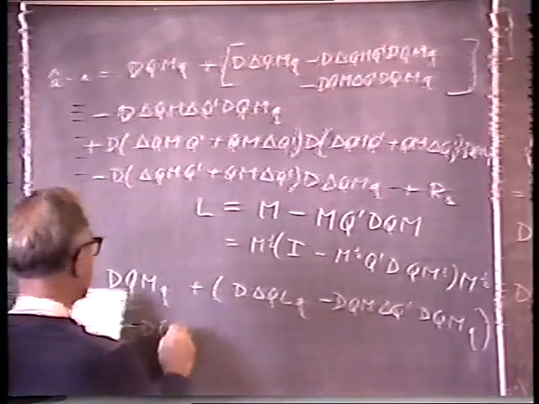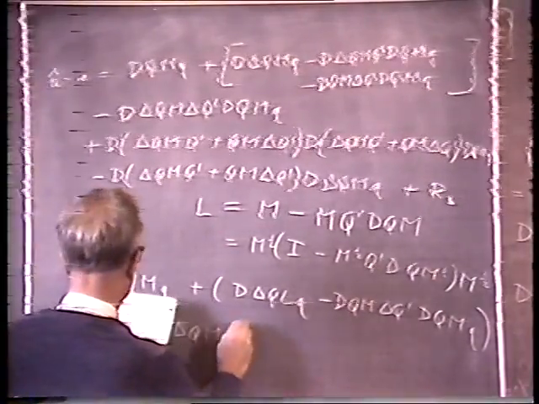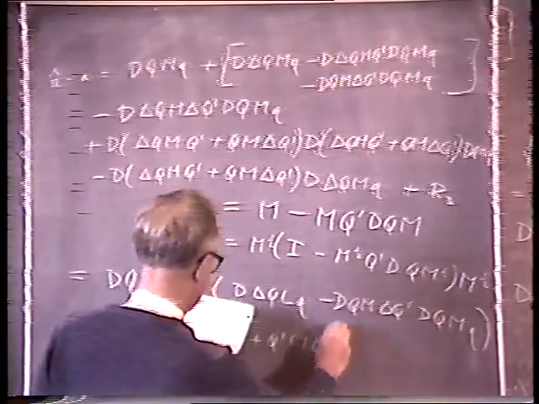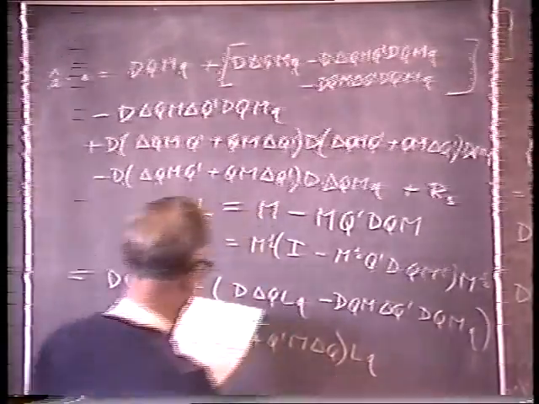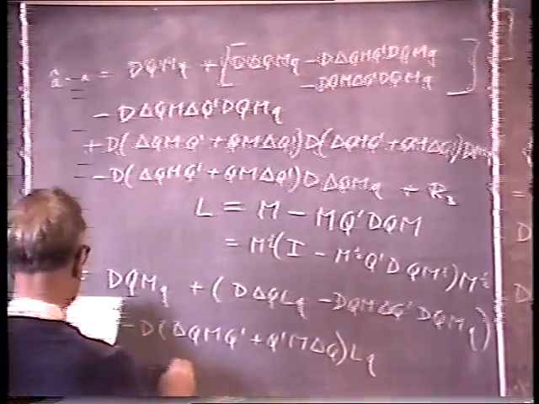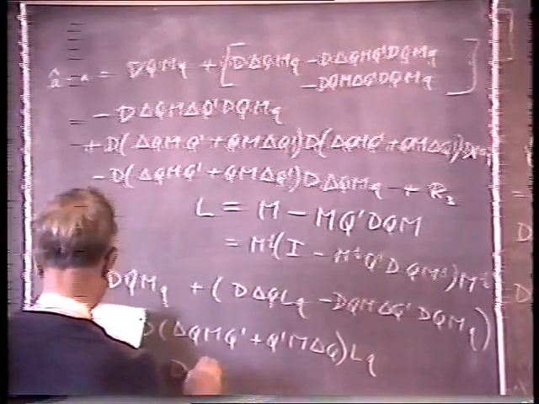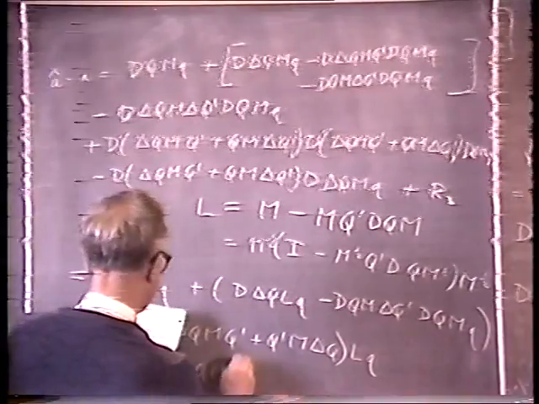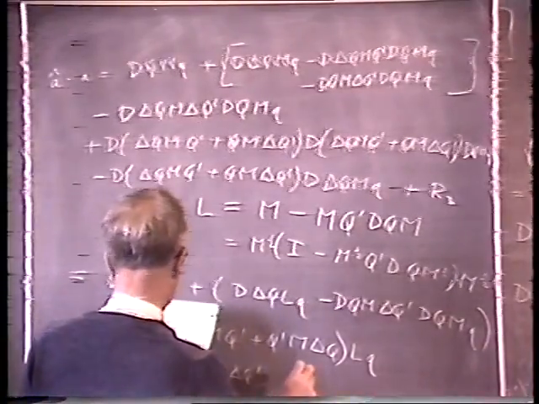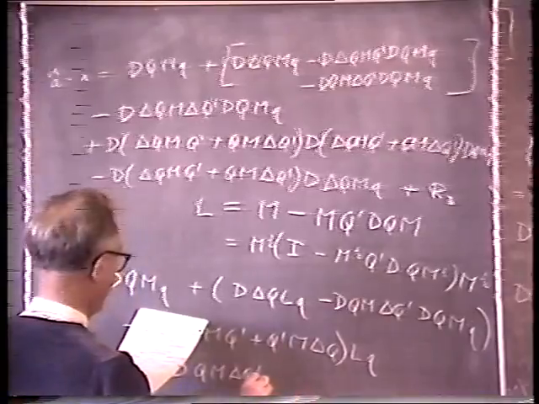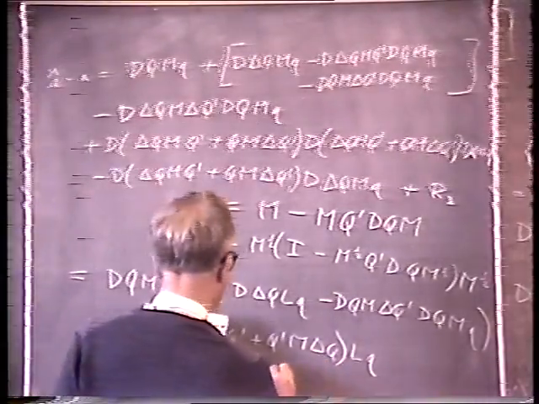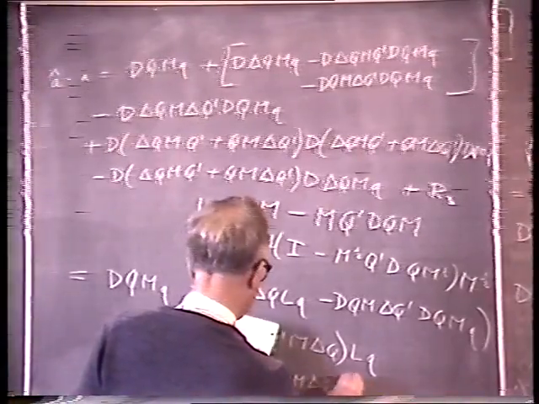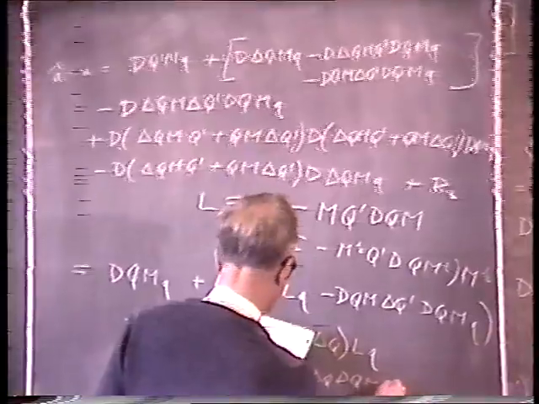Minus d delta q m q prime plus q prime m delta q as before, but then little l times q, plus d into q m delta q prime into d q m delta q d q m q.